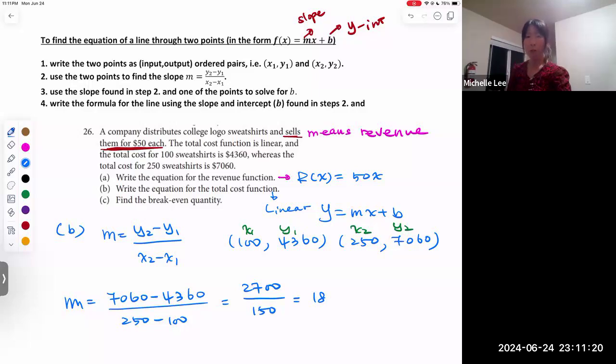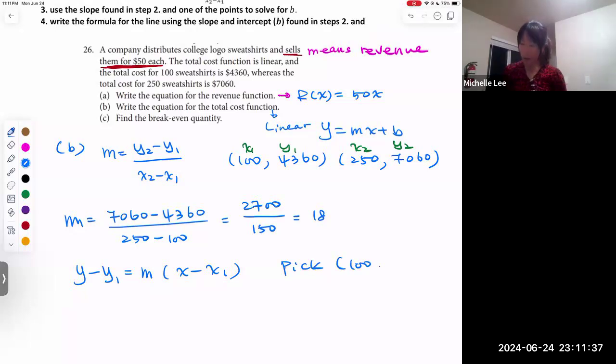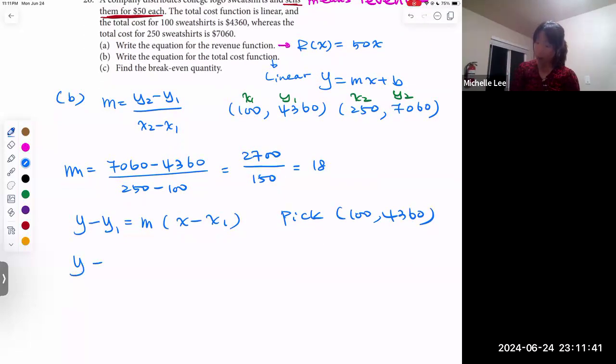Now, point slope form. That will be y minus y sub 1 equal to slope times x minus x sub 1. We pick anything, so let's pick the first one, x sub 1, y sub 1.